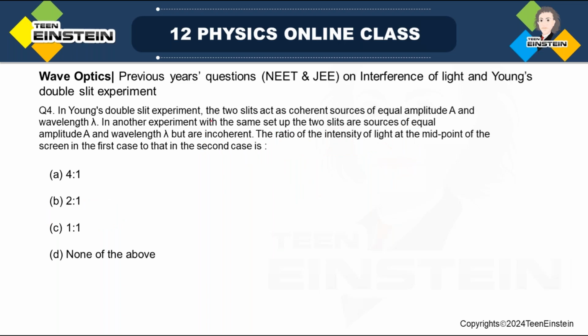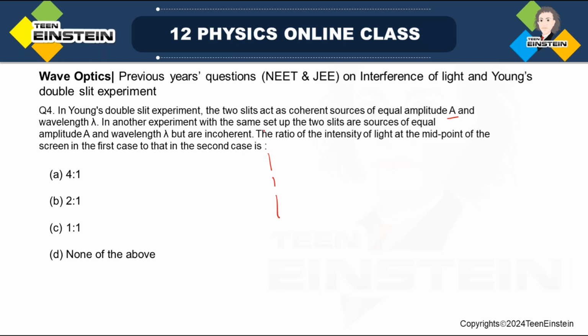in Young's double slit experiment, two slits act as coherent sources of equal amplitude. See, two slits, when they act as coherent sources, then they will interfere, like interference phenomenon will be seen, that is for sure.